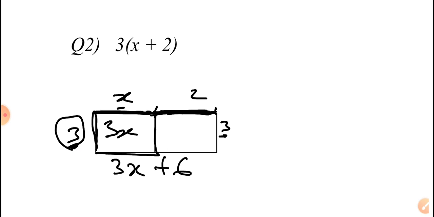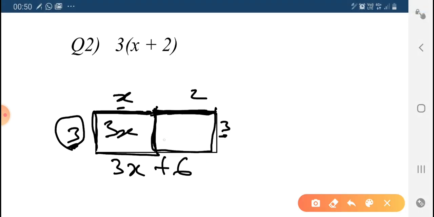Then the area of this rectangle here, maybe if I do a different color, is 3 times 2, which is 6, and it's positive 6. That's why the final answer is 3x plus 6.